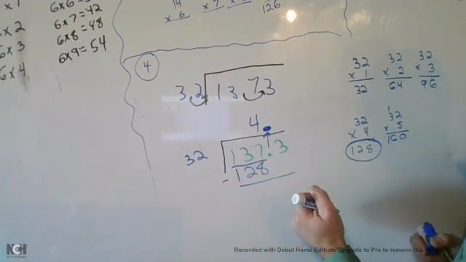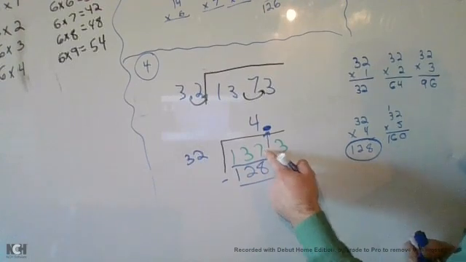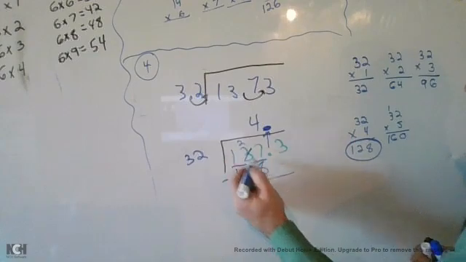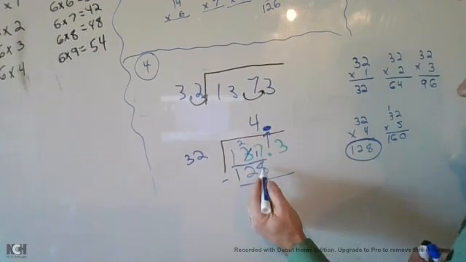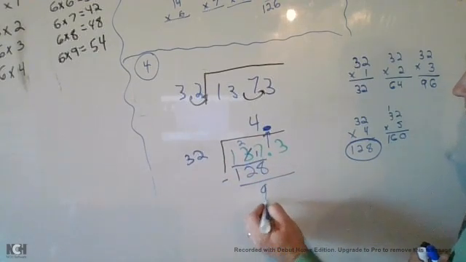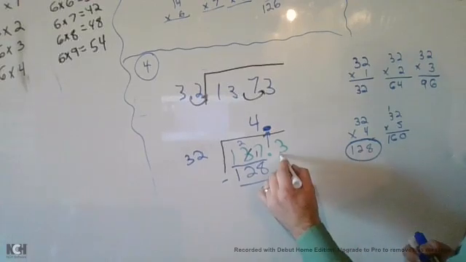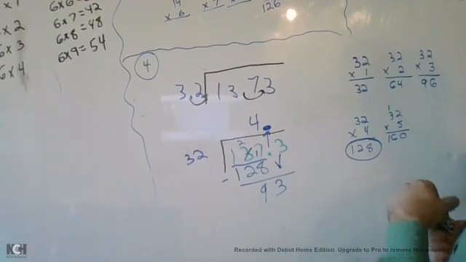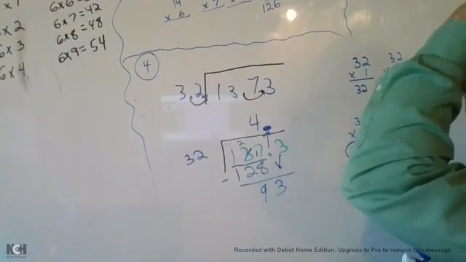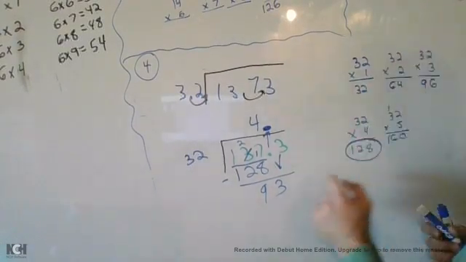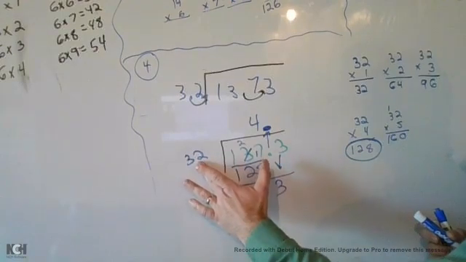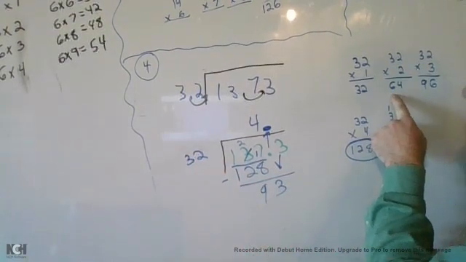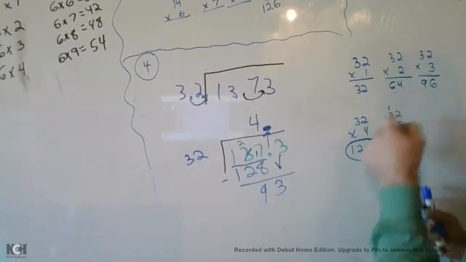I subtract, can't take 8 from 7. It's going to borrow from that 3, or steal. I get 17 minus 8 equals 9. Okay, I bring down my 3. Now, I'm asking myself how many 32s go into 93. The closest I can get to is 64 without going over.